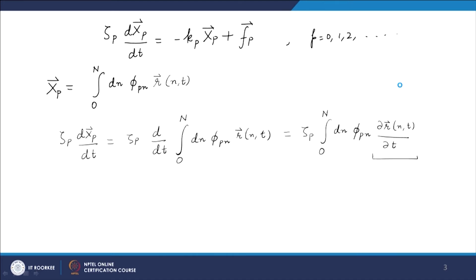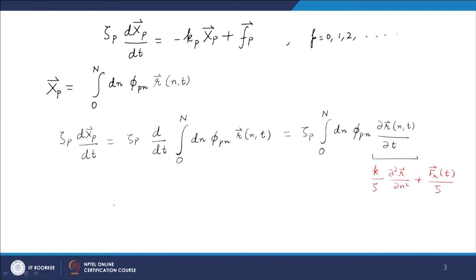So, I will plug that in there. So, this becomes k by zeta dou 2 r by dou n square plus f r t by zeta.